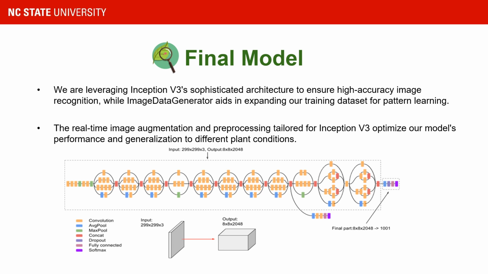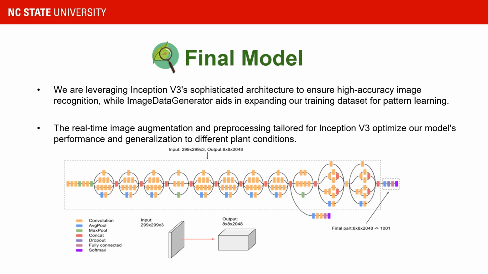After implementing our data pre-processing technique, we fed our input image to our model, which goes through a series of convolution and average pooling, then convolution and max pooling, and so on, alternating.